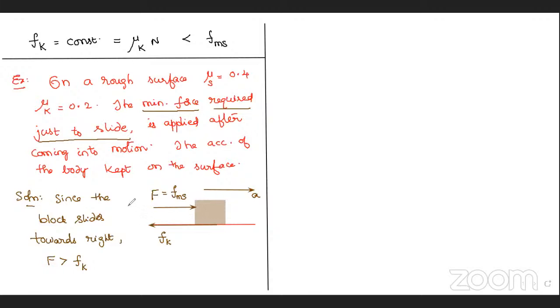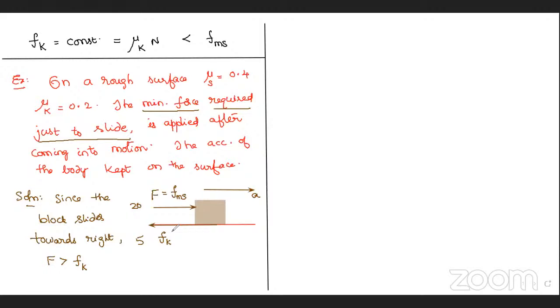F is greater than Fk means suppose this is 20 newtons and this is 5 newtons. How much is the net force? Is it 25 or 15? Net force is 15, since they are in opposite directions. That is 20 minus 5.